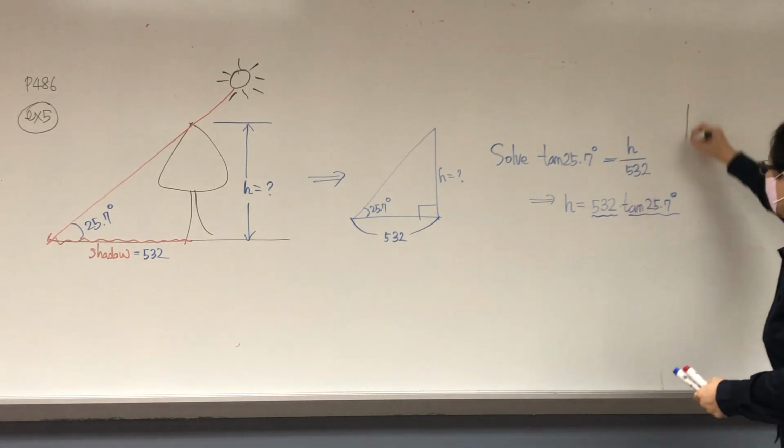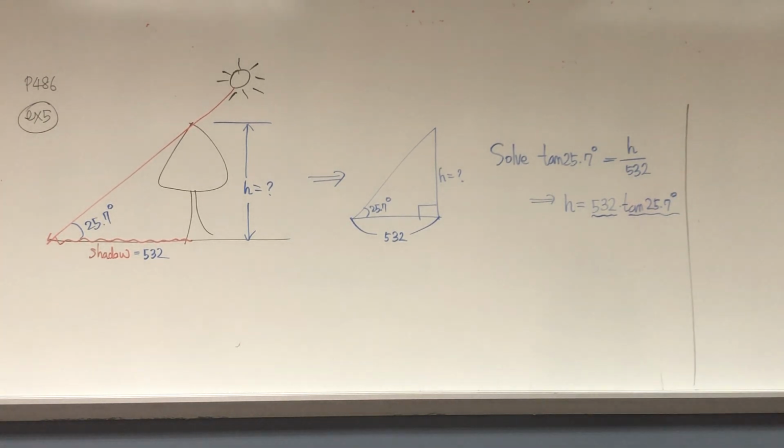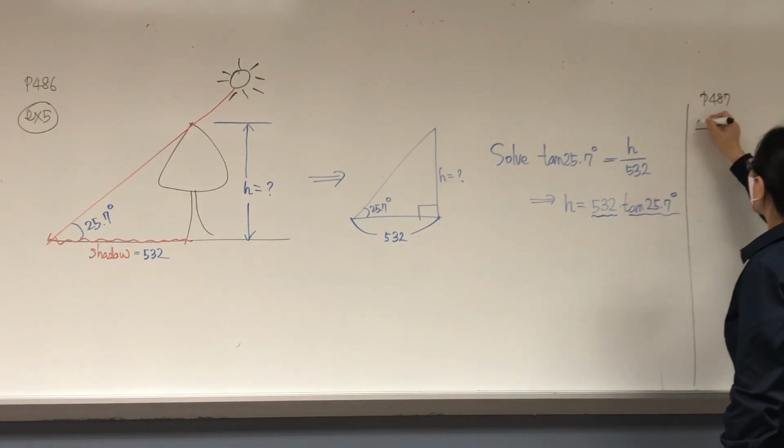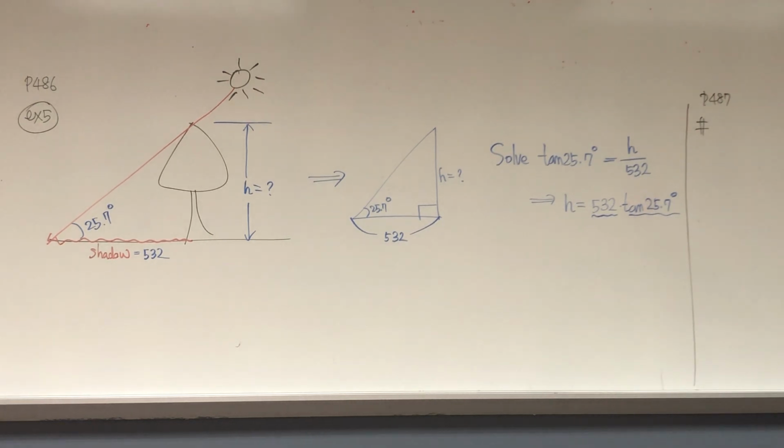Let's go to the exercises. Maybe that's better. Page 487, number 7. You have a triangle like this, with theta, 3, and 2.